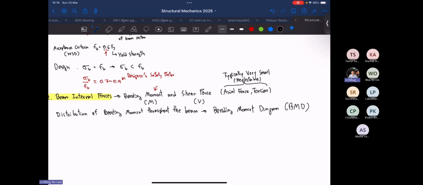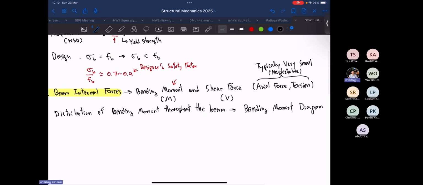So near the support you can use a smaller section, but at the middle of the beam you have to use a larger section like that. But for a typical residential building, we usually simplify it into a uniform section for the convenience of the construction.